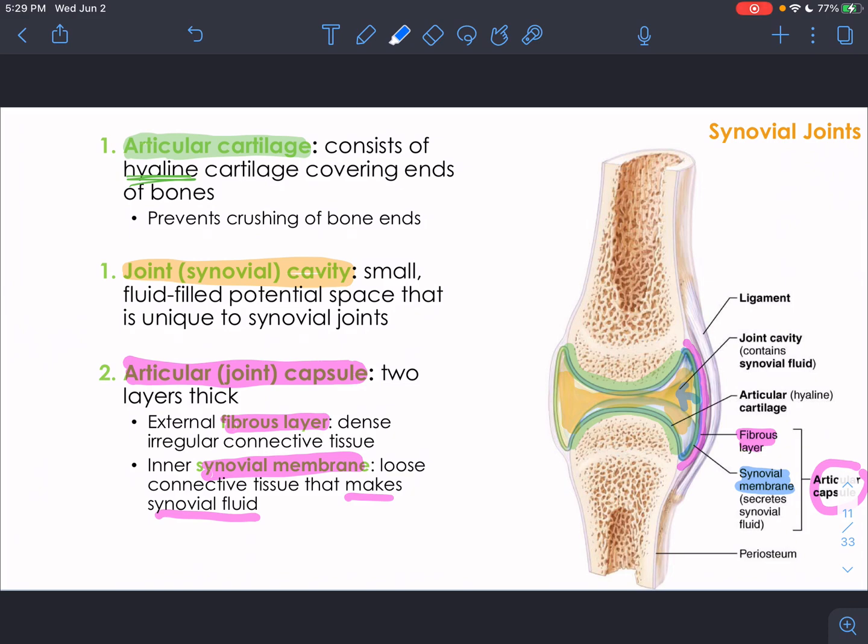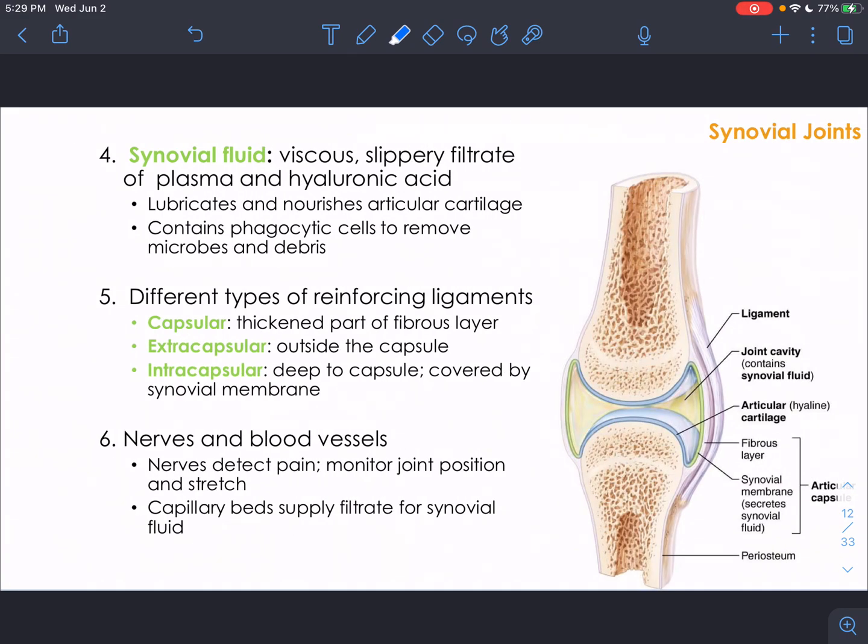Some other things that we also are obviously going to have in synovial joints is the synovial fluid, which again is going to fill that joint cavity, right? It's very viscous, which kind of means thick, slippery filtrate of plasma and hyaluronic acid.